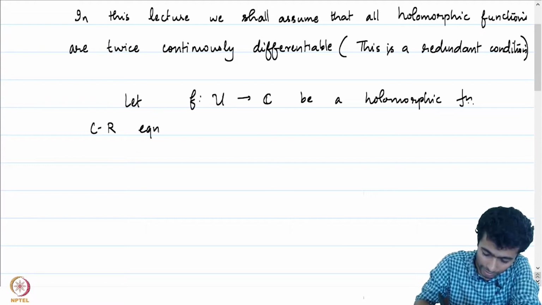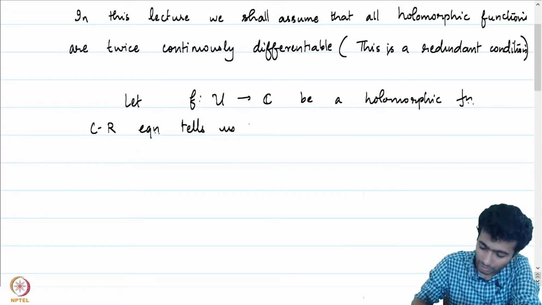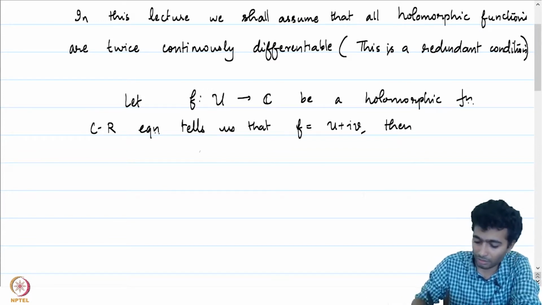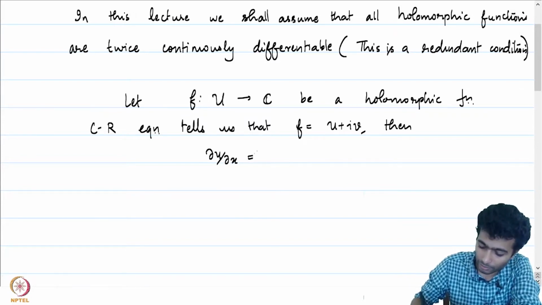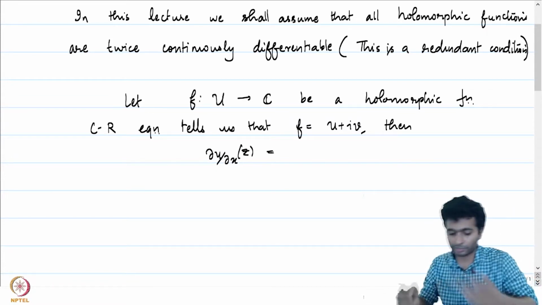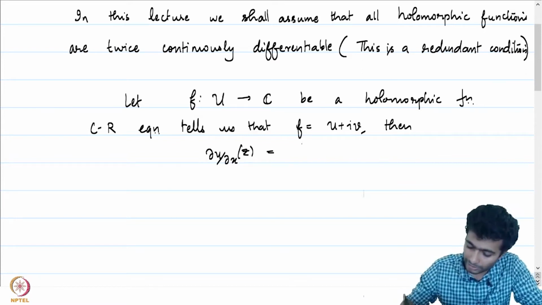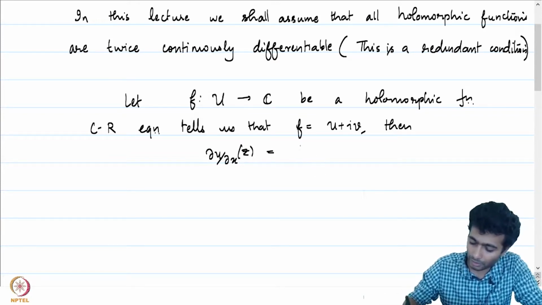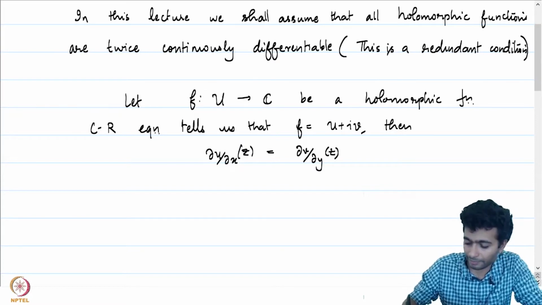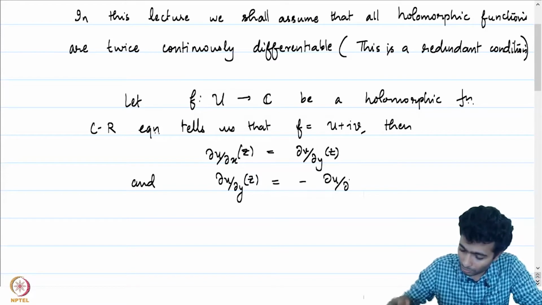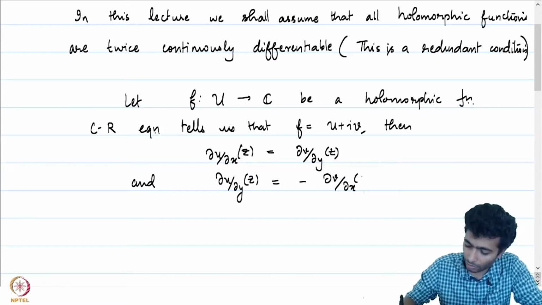The Cauchy-Riemann equation tells us that if f is u plus iv, then at every point z, we have assumed that it is holomorphic and hence complex differentiable at every point on U. So ∂u/∂x at z is the same as ∂v/∂y of z, and ∂u/∂y of z is equal to minus ∂v/∂x of z.